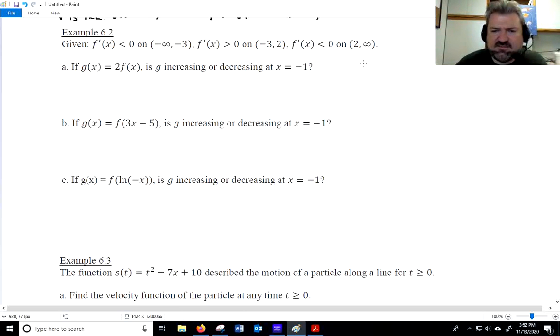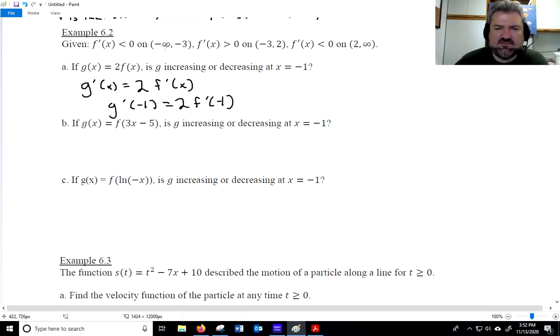Well, let's see here. I feel like we could just take the derivative here. So let's do that. G prime of x is equal to the derivative of 2f of x, which is just 2f prime of x. The 2 just comes along for the ride as a constant. So let's take a look at what g prime of -1 would be. Well, it would be 2 times f prime of -1.